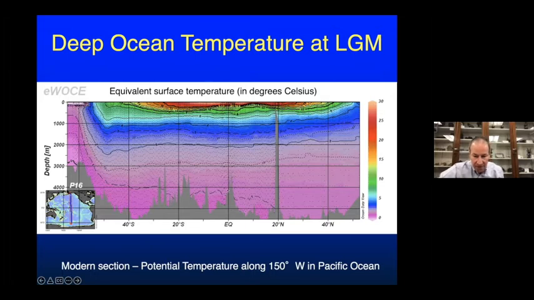And you can see here, even at the equator, that the temperature is cold. This is 2-degree water at depth in the ocean. So generally speaking, Earth's ocean is cold. It's only warm in some locations near the surface. It's generally cold.